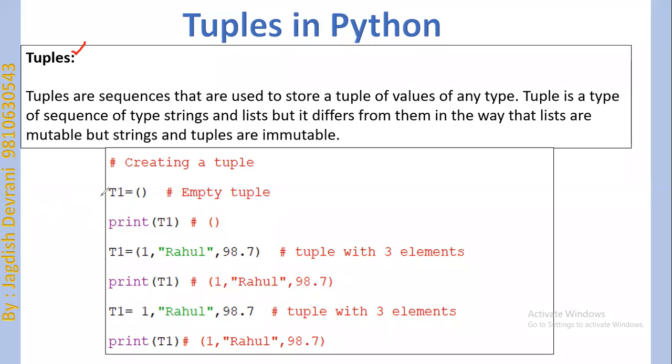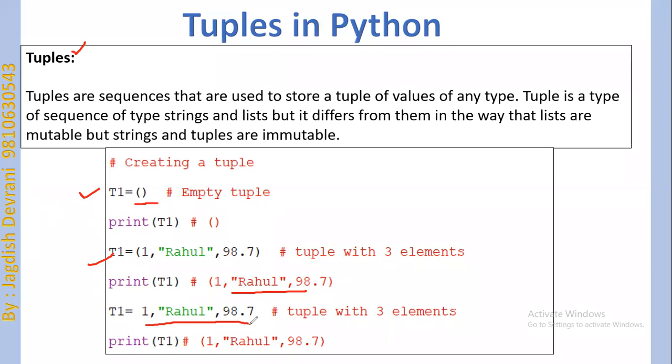The declaration is something like this: t equal to opening and closing circular brackets will simply create a tuple for you. This is a tuple having heterogeneous elements, and when you display it like this, it will simply display the information. If you store information like that without any bracket, then also the information is considered as a tuple, right?